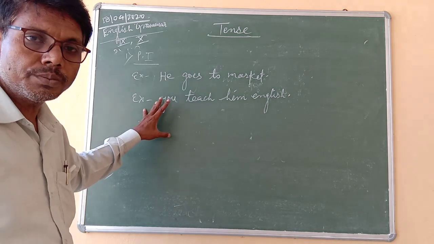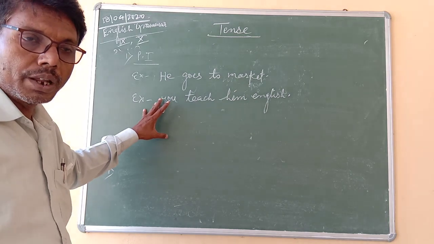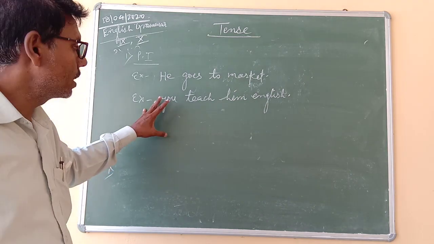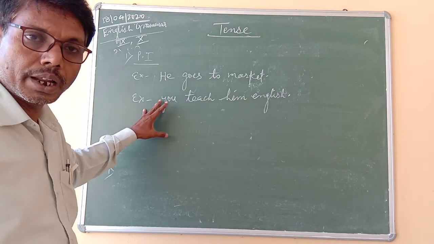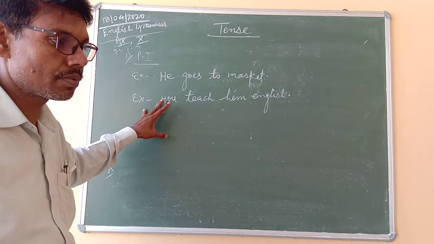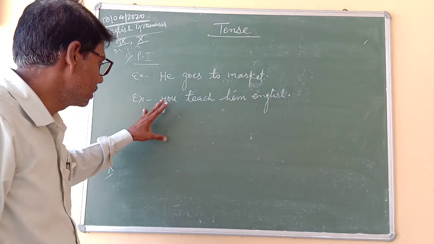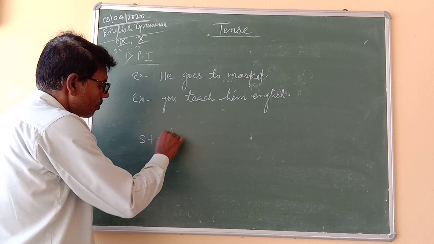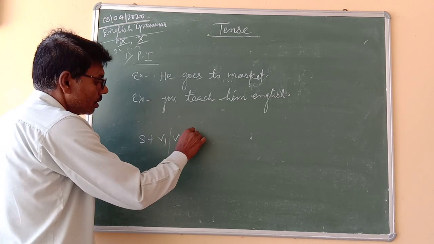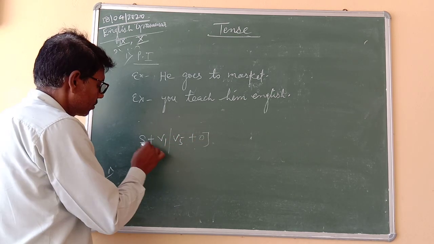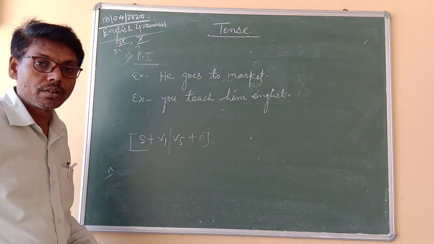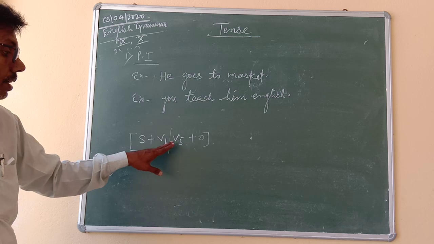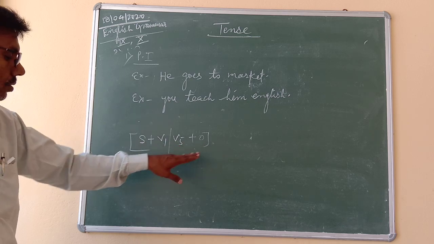So firstly we have to break the sentence, and after breaking we have to analyze from English structures like subject plus first form, fifth form plus object. Subject plus first form plus fifth form plus object.